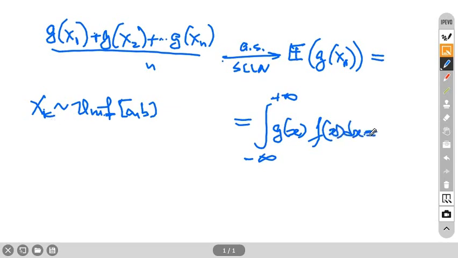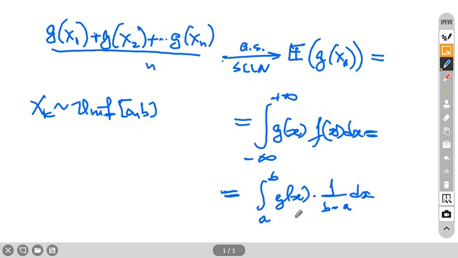But the PDF of the uniform distribution is 0 outside of this interval and is 1 over b minus a on that interval. So I will have just the integral from a to b of g of x times 1 over b minus a dx. This constant will go out and we will obtain the property we wanted to prove, that number.